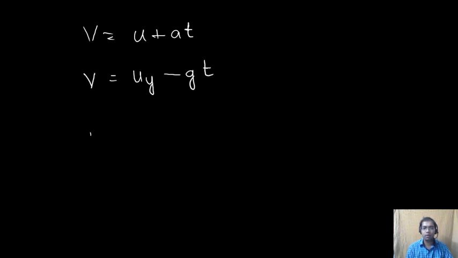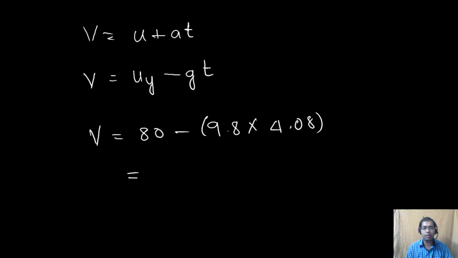So let us substitute and find the value of v. So v is equal to 80 minus 9.8 into 4.08, which we will get as 40.016 meter per second. So this is the velocity.